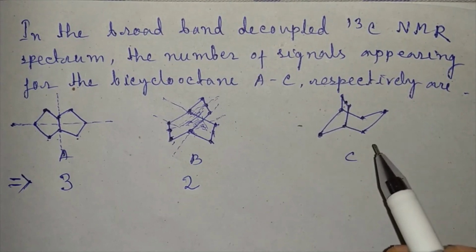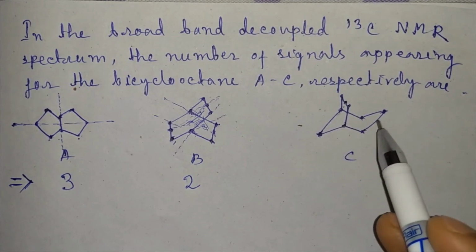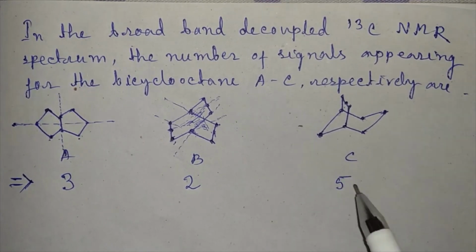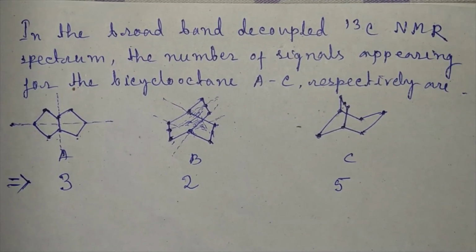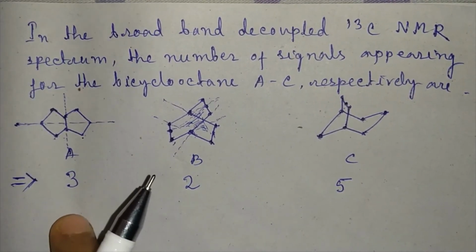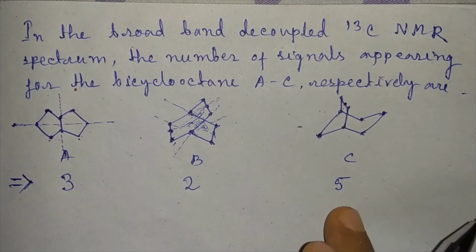So how many dissimilar carbons are there? 1, 2, 3, 4, 5. So there will be 5 signals. You can see that for the first it will be 3, for the second 2, and for this one it will be 5 signals in a broadband decoupled 13C spectrum.